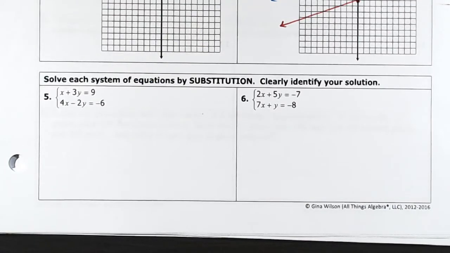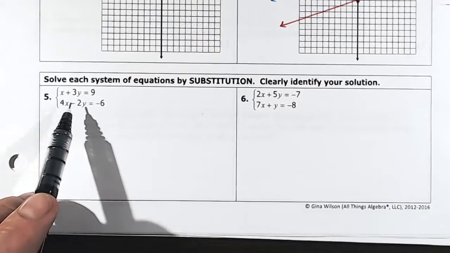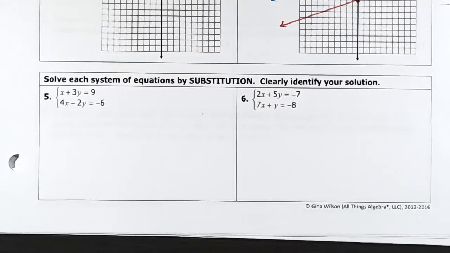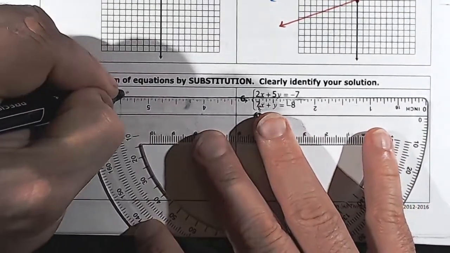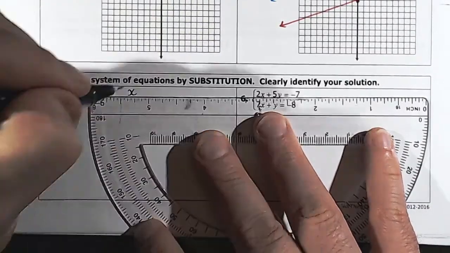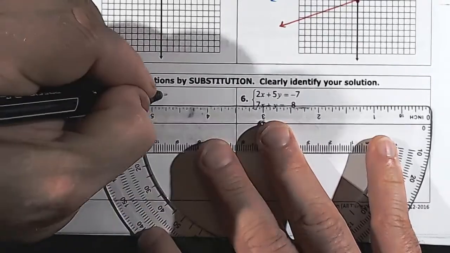We have to solve either the top or the bottom equation for one of the variables. So in this case, it would be easier to solve the top equation for the x variable. Okay, so let's do that first. Let's write out x plus 3y equals 9.